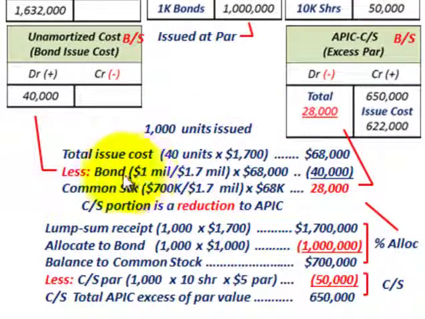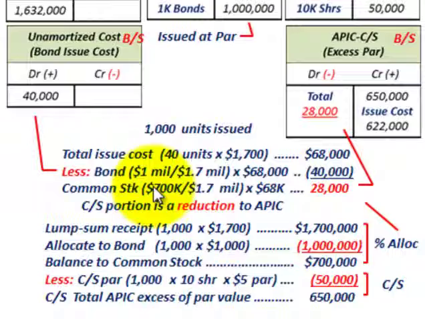The incremental method is used where, in this case, we didn't know the value of our common stock, but we knew the value of our bonds, and we knew our total costs.